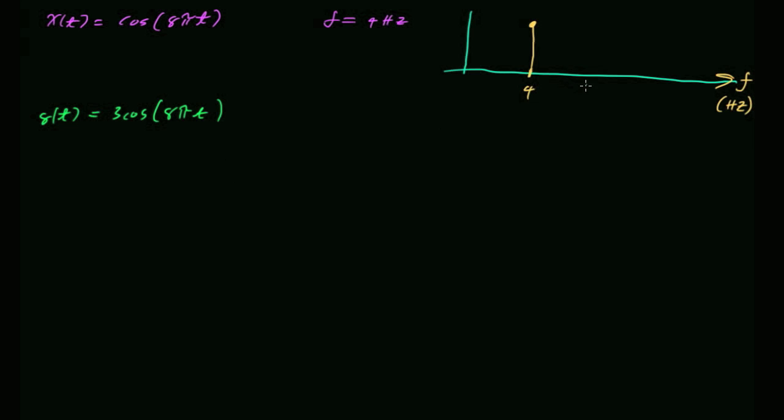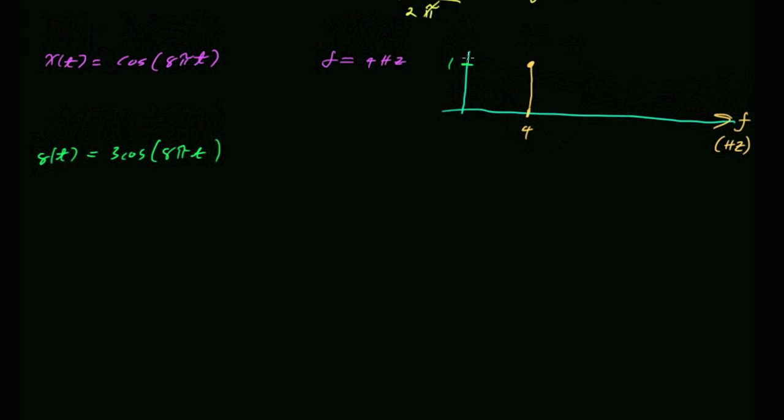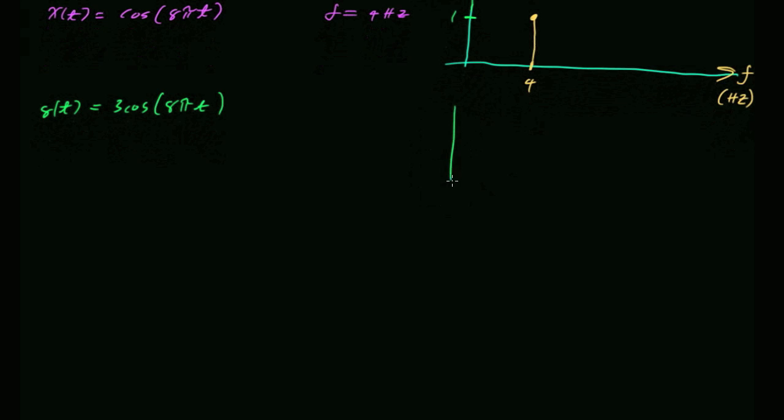If this stick has a height of 1 for x, then when I draw the plot for y, it's still only got energy at 4 hertz. But whatever that stick is, it better be 3 times bigger, because there's 3 times more cosine at 4 hertz. So the y-axis is going to be the amplitude. It's going to be a little bit more complicated, but basically that's right.